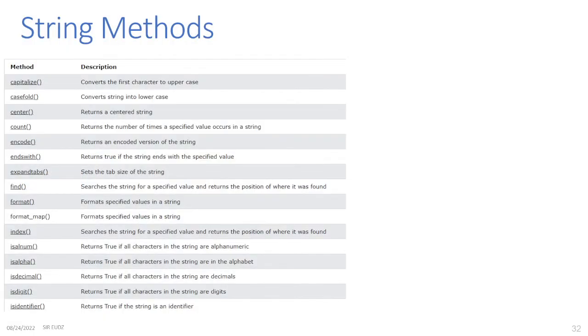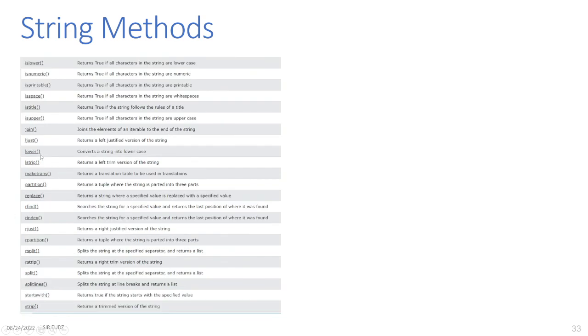String methods. I will just go through the string methods here, but we'll not be discussing them in detail. We'll just discuss them if we encounter them. Capitalize converts the first character to uppercase, casefold, center, count, encode, endswith, etc. Find, format, which we have been using. Index, search the string, isalnum, where all characters are alphanumeric. Isalpha, all characters are alphabetic, so this returns true, etc. These are just string functions, so I will not be going through them one by one.